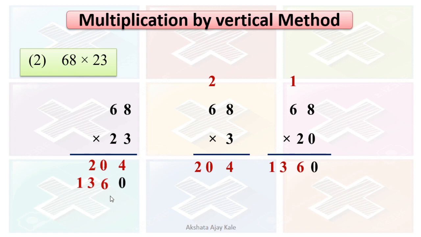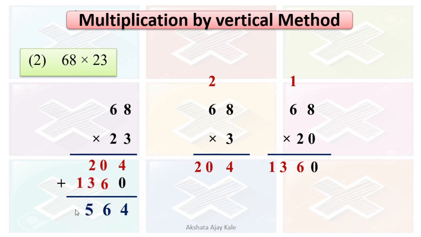See how I have written here. Okay. Below 4, please see the place values. Now we will add these two numbers. 4 plus 0 is 4. Correct? 0 plus 6 is equal to 6. 2 plus 3 is equal to how much? 5.